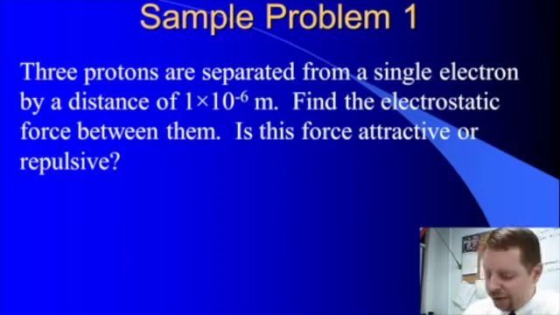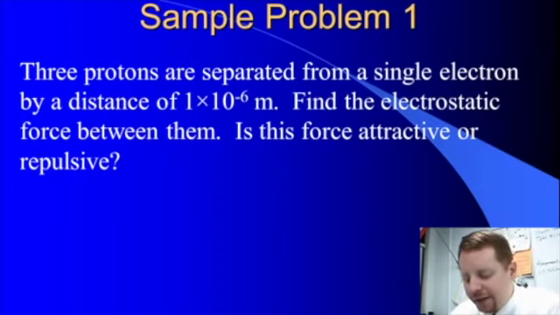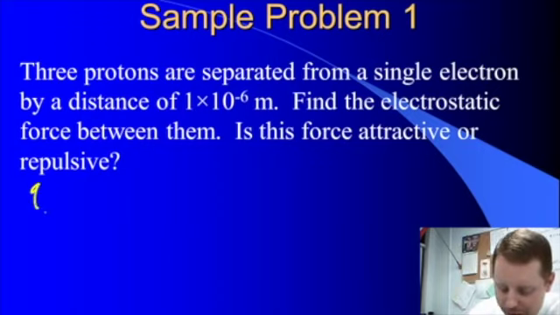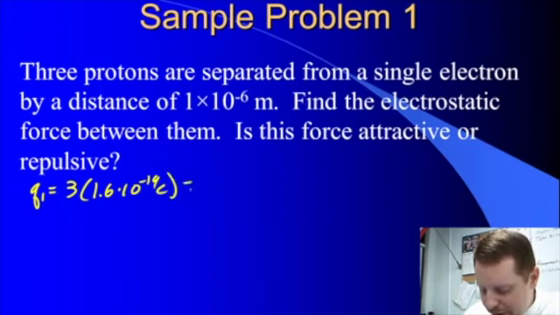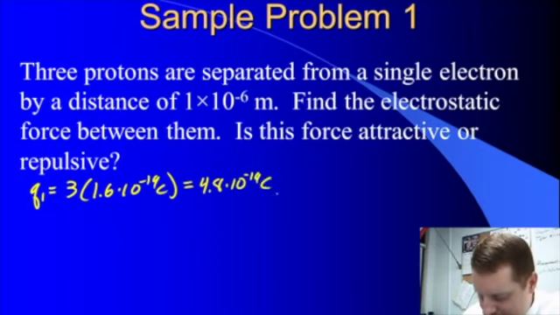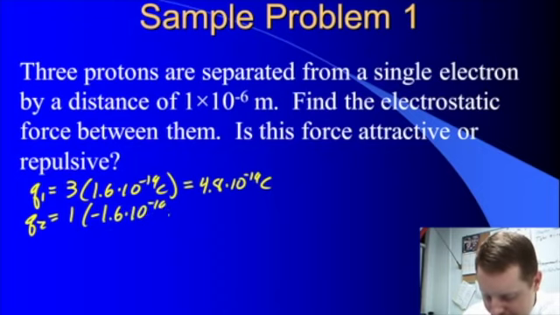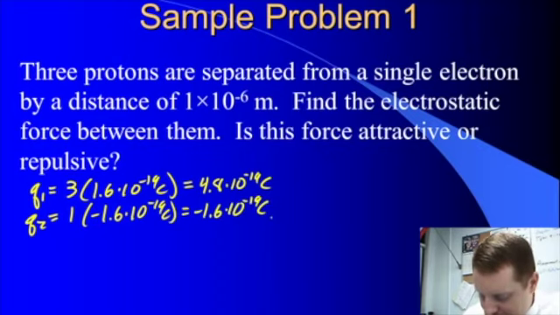3 protons are separated from a single electron by a distance of 1 micron, 1 times 10 to the minus 6 meters. Find the electrostatic force between them. Well, Q1, charge 1, is 3 protons, which will be 3 times 1.6 times 10 to the minus 19 coulombs, or 4.8 times 10 to the minus 19 coulombs. Q2, which is 1 electron, will be 1 times negative 1.6 times 10 to the minus 19 coulombs, or negative 1.6 times 10 to the minus 19 coulombs.